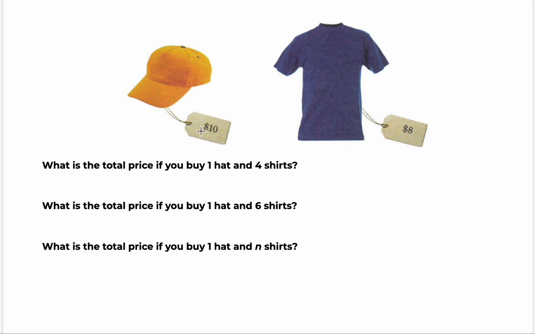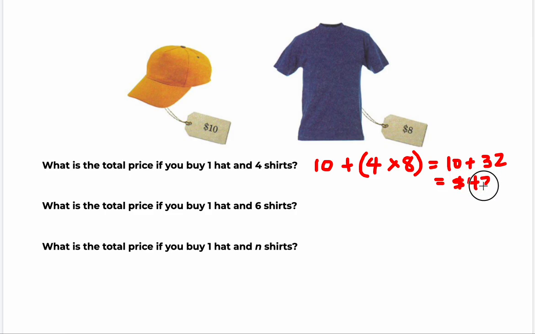If you bought one hat, you would take that $10 and add it to the total price of the shirts. Each shirt is $8. I'm going to put these in parentheses so we know that 4 is being multiplied by 8. So we have $10 for the hat plus 4 times 8 because there's 4 shirts that we want to buy. So that's going to be 10 plus 32, and that's going to be $42.